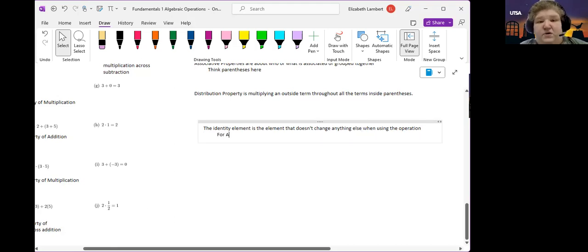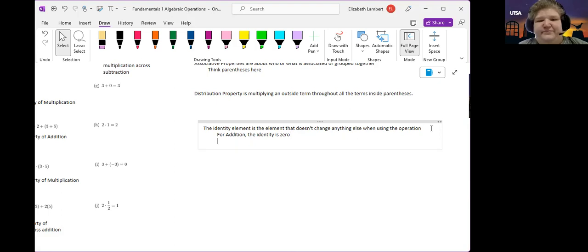So for addition, the identity is 0. For multiplication, the identity is 1.